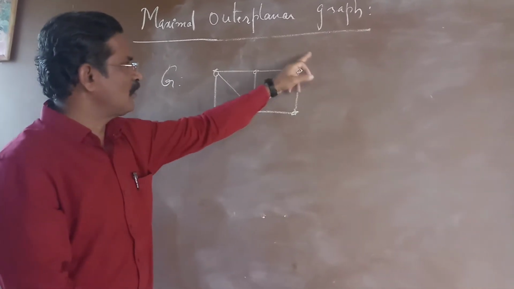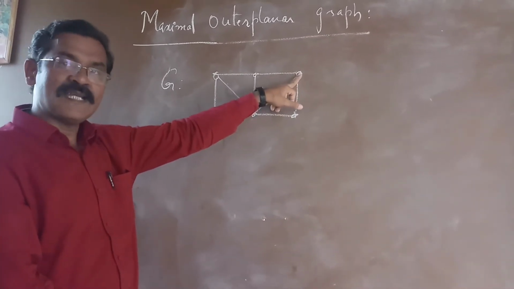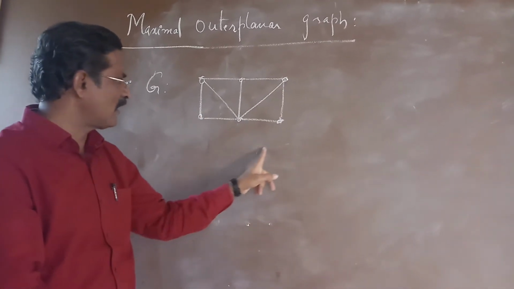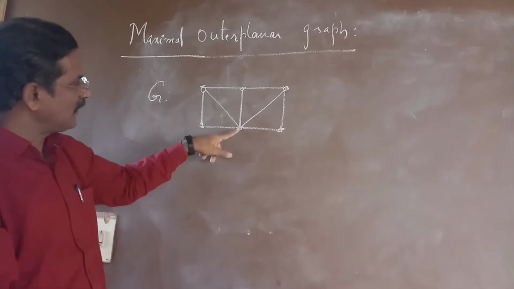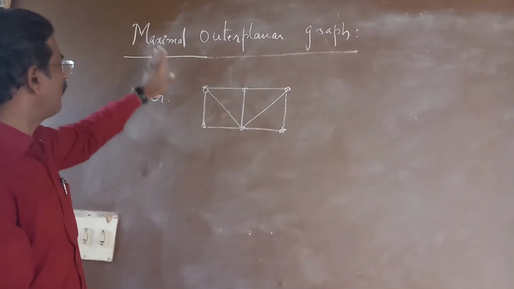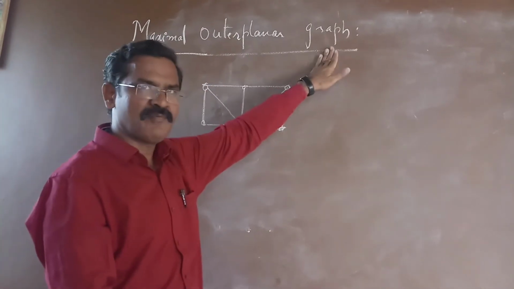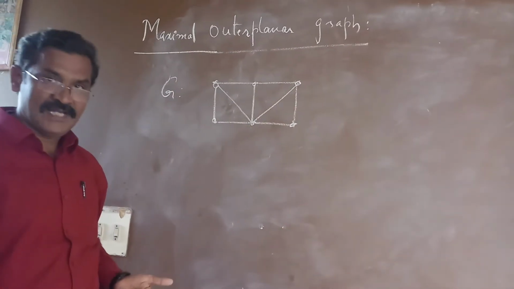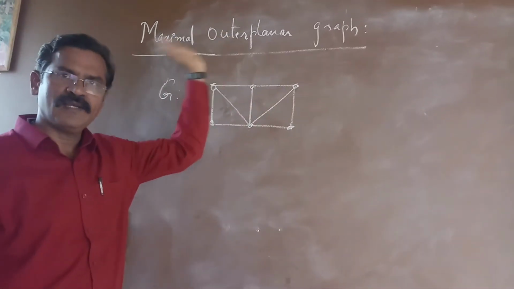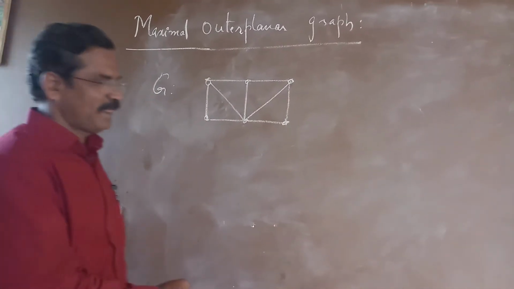Even if I join these two, this vertex will be inside the interior region. So we can't add an edge. Now this is an example of a maximal outer planar graph because you cannot add one more edge. If you add one more edge, it violates the outer planarity condition. So this is one example.